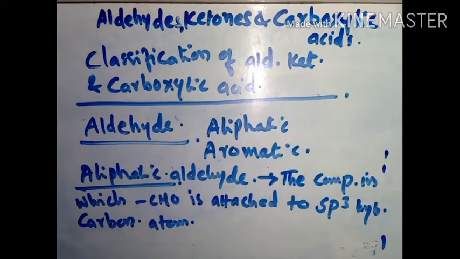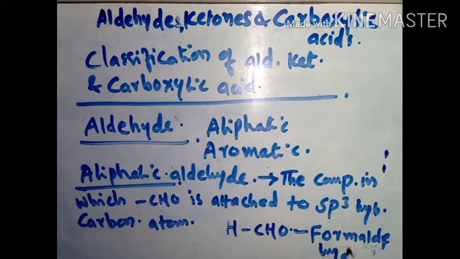There is an exception, that is in which only hydrogen atom is attached to CHO group. This one is known as formaldehyde. What is the formula of formaldehyde? That is HCHO.